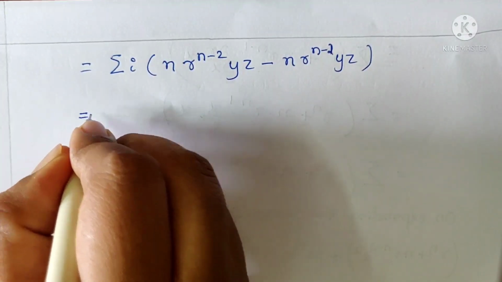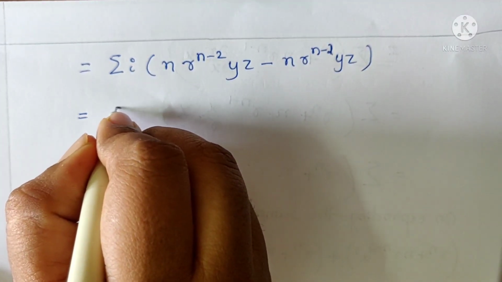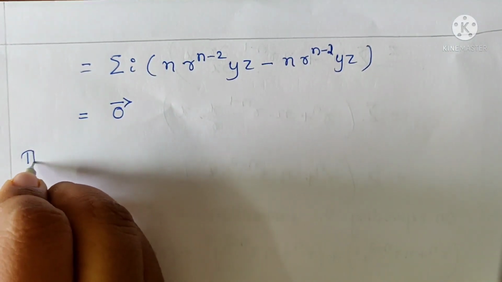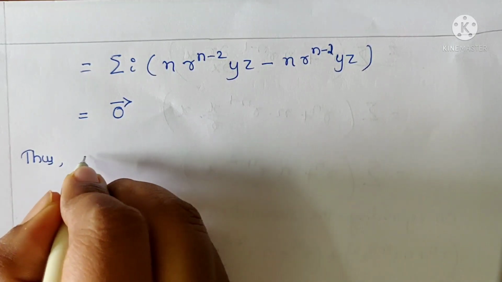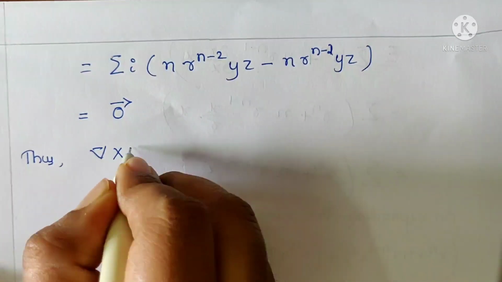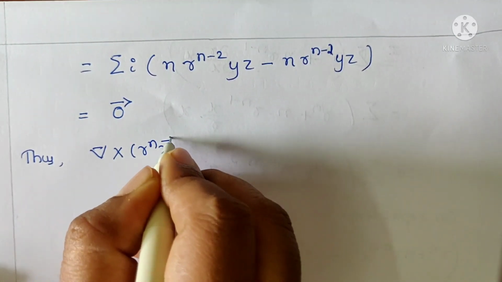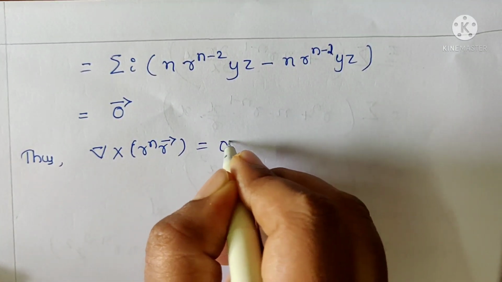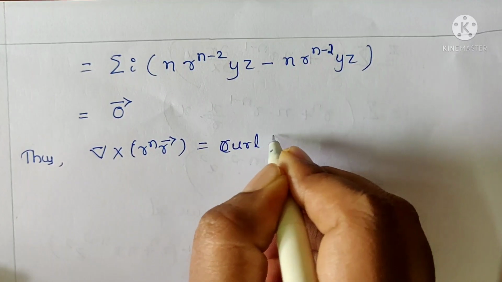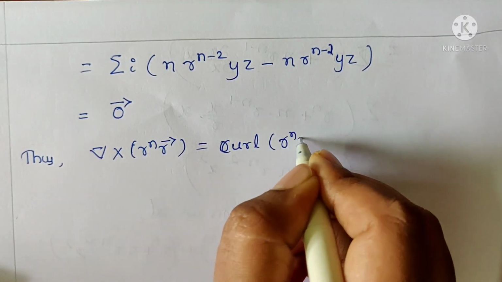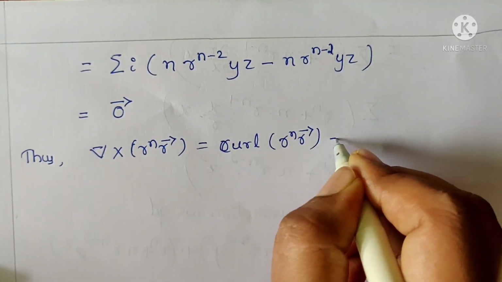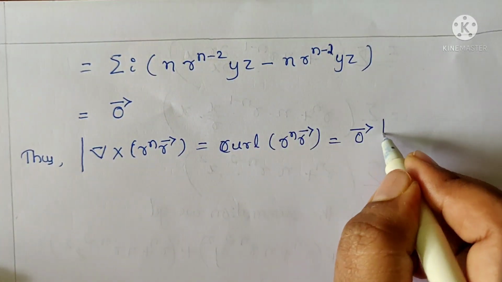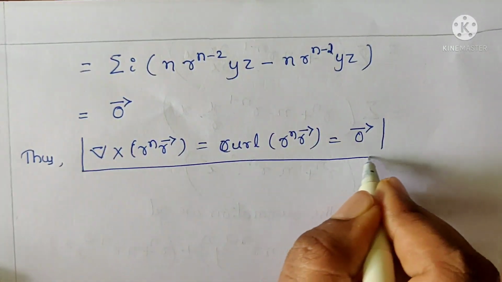What happens? Both the terms are same, it is 0 vector. Thus del cross r raised to n into vector r, that is the curl of r raised to n into vector r, is equal to 0 vector. Hence proved.